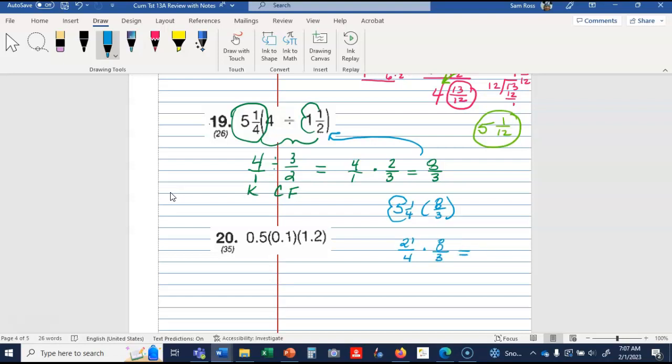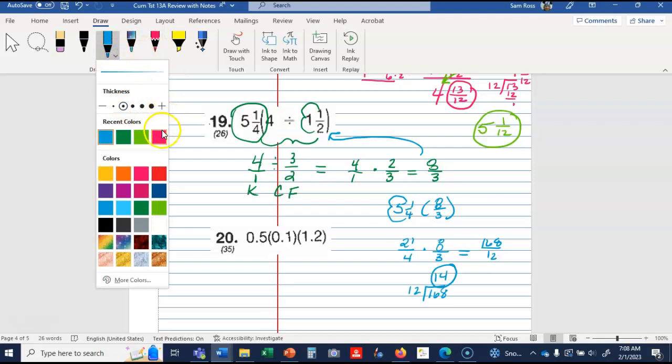You can reduce this beforehand, but I'm not going to because that freaks some of you out. So this ends up being 168 if I multiply 21 times 8 over 12. And if I divide that, I don't think it's going to go in. Oh, it did. Never mind. So you'll divide 12 into 168, and you get 14, and that is your answer.